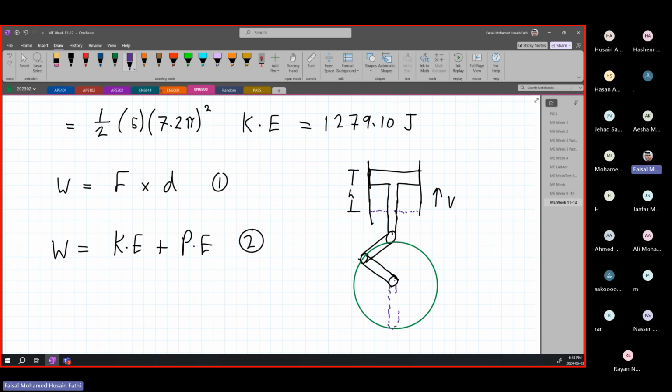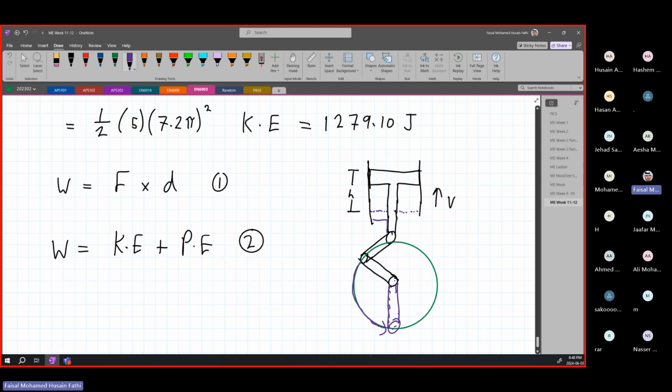Well, when this moves, the shaft is moving, and now it is connected here. This is going to be pulled down. The piston is going to be pulled down all the way till here. And then when it goes all the way back up, it is going to be going all the way back to the original initial height that you have. This is what is meant.